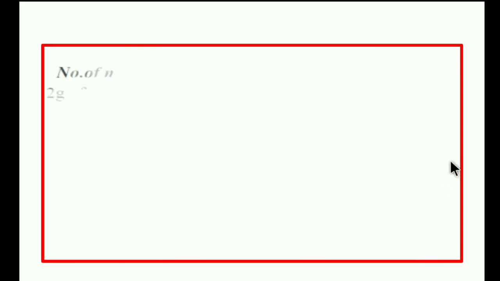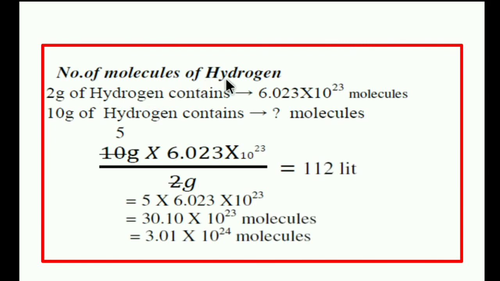Okay, so the next one is the number of molecules of hydrogen. Now 2 grams of hydrogen, that is 1 mole, contains 6.023 into 10 to the power of 23 molecules. Now 10 grams of hydrogen is released during the reaction. This 10 grams of hydrogen contains how many molecules?